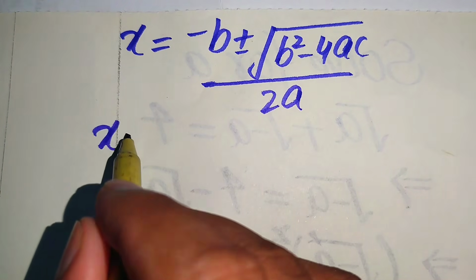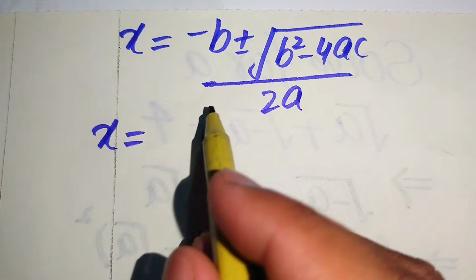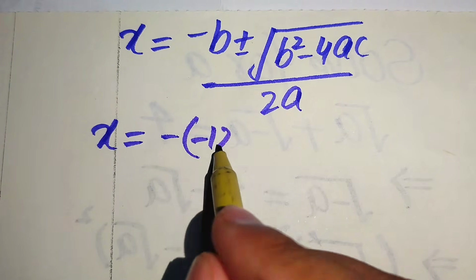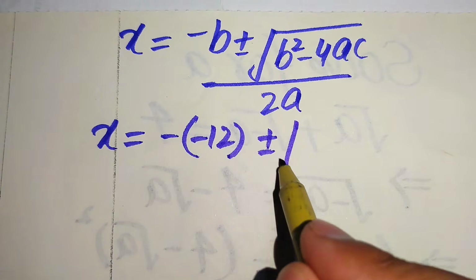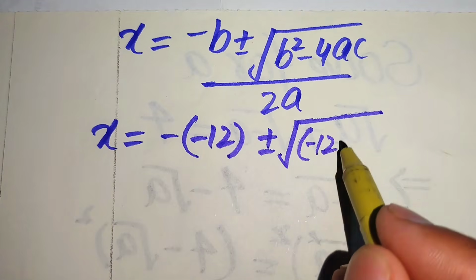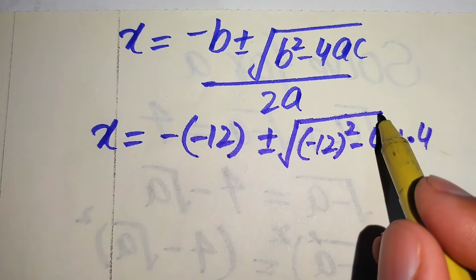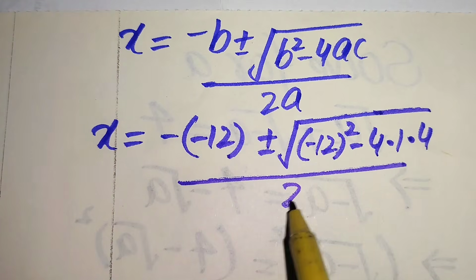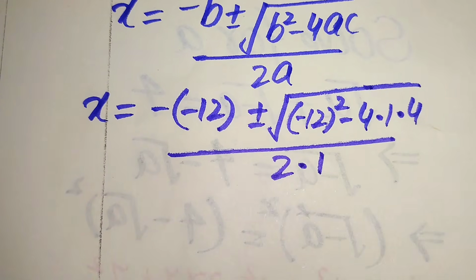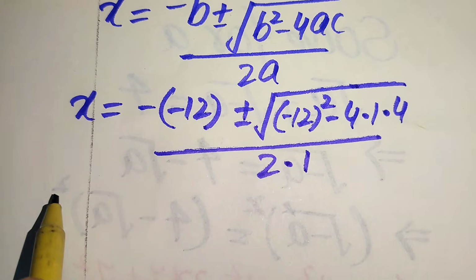So we have x is equal to minus b. The value of b is minus 12, plus minus square root of (minus 12) square minus 4 times a is 1 and c is 4, and it is divided by 2 times a, and here our a is equal to 1.